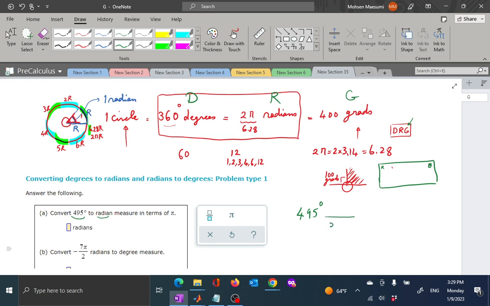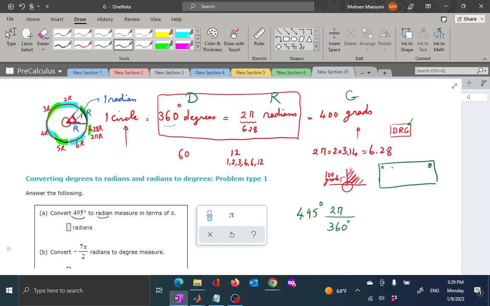You divide by 360 to see how many circles that is. Notice that degrees up there and also down here. And then you multiply by 2 pi, because each circle is 2 pi radians. So you divide 495 by 360 to see how many circles you're dealing with. You multiply each circle by 2 pi to see how many radians you're dealing with.